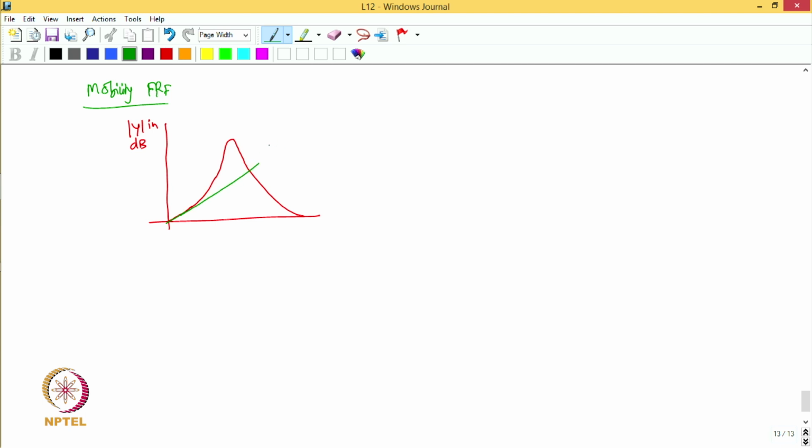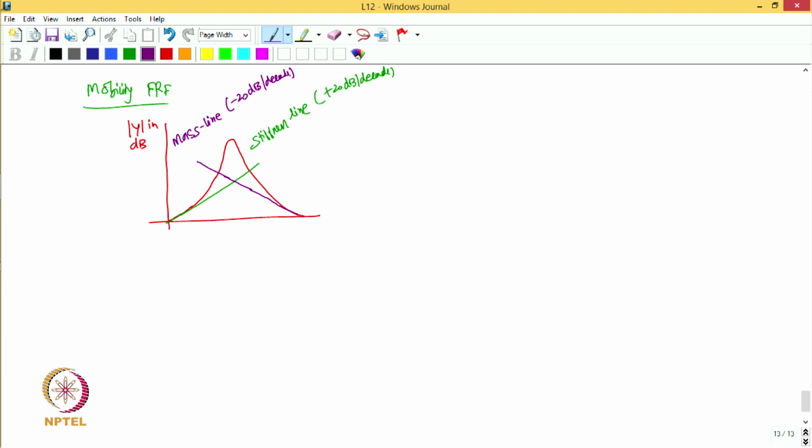So, this is the stiffness line, and it will have a slope of plus 20 dB per decade. And if you look at the mass line, then the mass line will have a slope of minus 20 dB per decade. So, this is the mass line, and it will have a slope of minus 20 dB per decade.